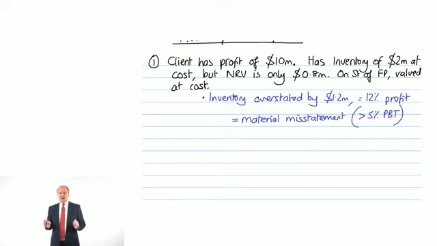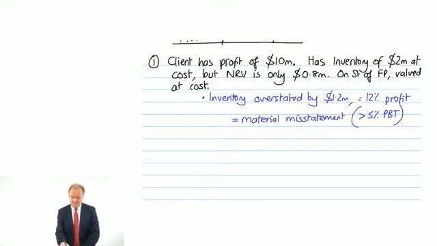Okay, so I've identified this is not about missing evidence, this is about a mistake in the accounts. There were 2 possibilities with mistake in the accounts. Does it affect just 1 or 2 balances, or does it affect loads? Well, this is a material misstatement which only affects the inventory figure. I would therefore write it only affects inventory, so it's not pervasive.